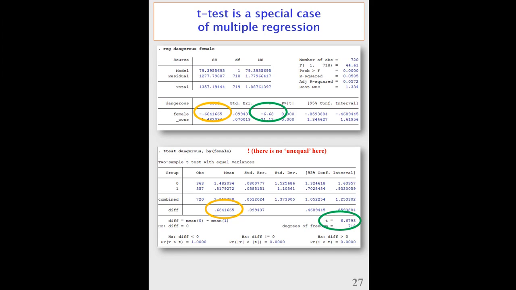It's here not so easy to see because they are so small, but this 0.0000 is the same one as over there. Do note, by the way, that to get the equivalence, the unequal has to be left out. Because if you do unequal, then the significance values are calculated slightly differently. But in any case, they are the same, and you can calculate them in both ways.